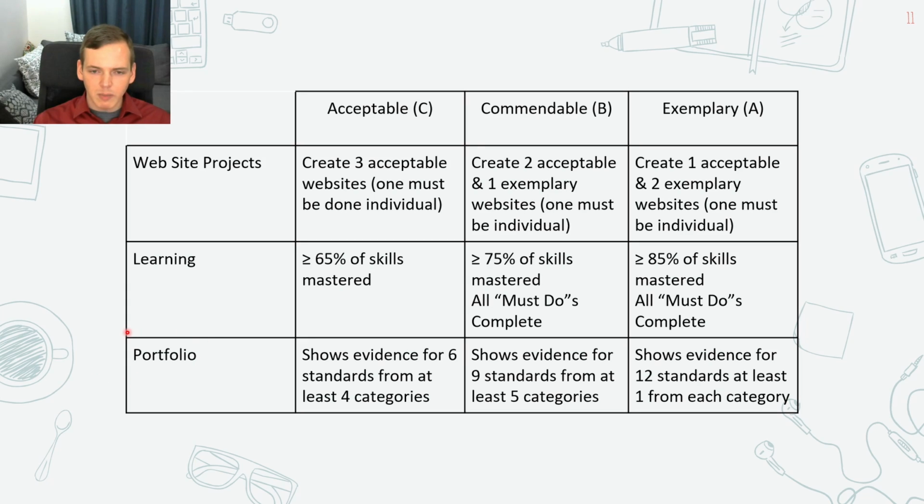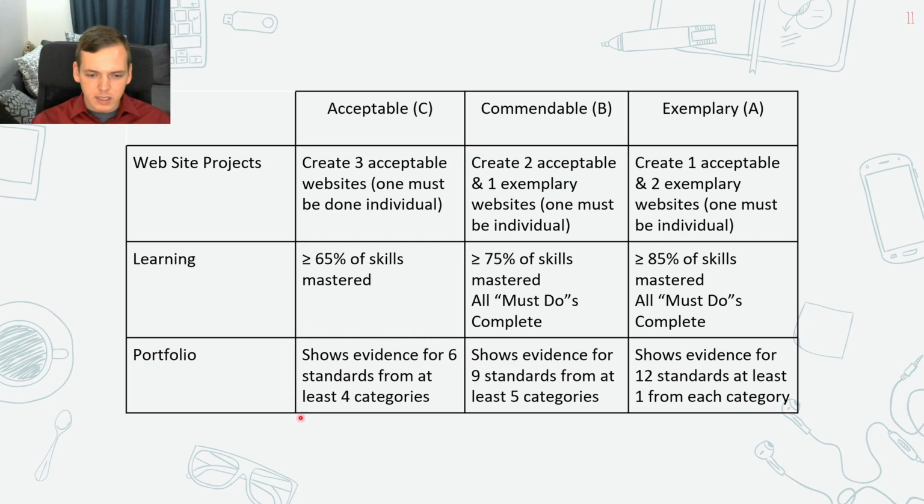Finally, we'll be asking you to make a portfolio. I'll help you work through that and set that up. This will be using a set of standards. There's a list that you can see on the grading contract, and I'll probably print out a list for you if you want it. You'll create some sort of portfolio that shows you meeting those standards. These are standards that have to do with good digital citizenship, coding skills, collaborating with others, and a lot of things that relate to technology and its use.